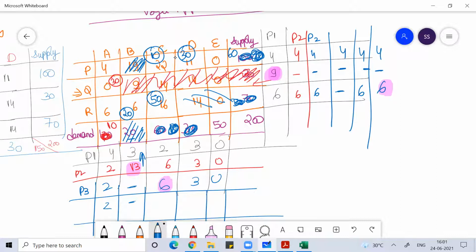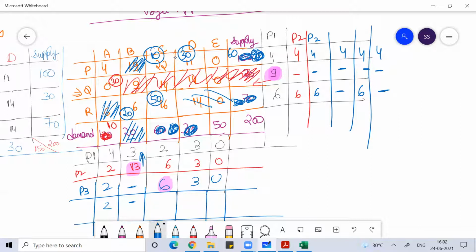If I look inside this, the only value left is 10. One minute, this was 10, no? If I see the demand, it was 40 and 10, right? This row, 70, is done now. It should have cancelled, there should not be any 6 here.